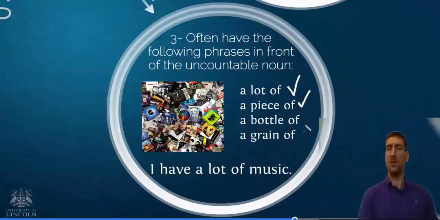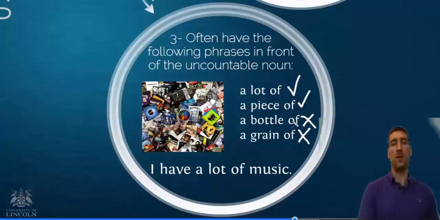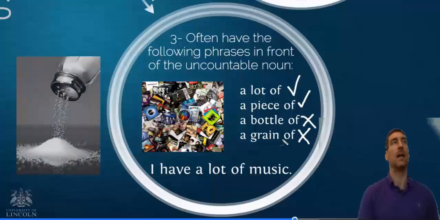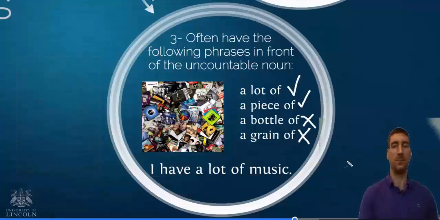A bottle of music? No. A grain of music? No. A bottle tends to be things like liquids. A bottle of milk, a bottle of beer. A grain of tends to be small particles such as sand or dust or grains.